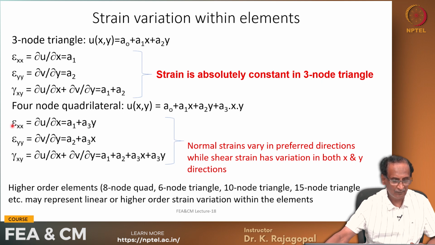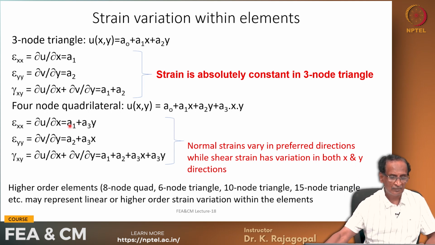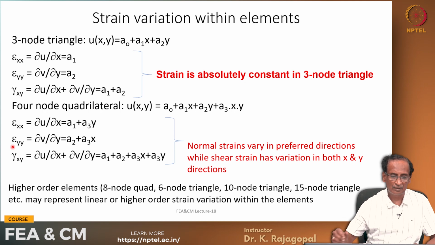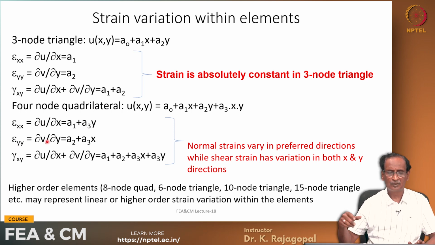And so here we see epsilon x is a constant along x direction but varying along y direction, and epsilon y is constant along y direction but varying along the x direction, and gamma xy can vary both in x and y directions. So when you apply this, we should be careful, because the 4-node quadrilateral is also directionally constraining the variation of the strain.